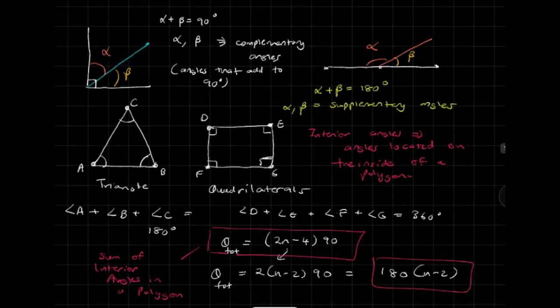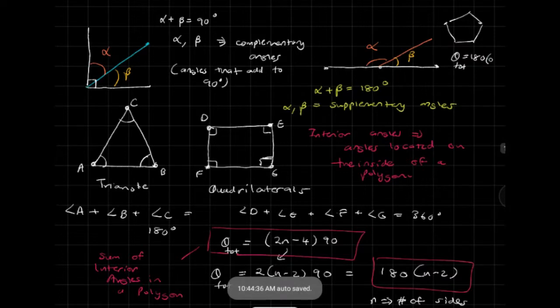So if we use this formula and say we had a pentagon that looks like that, it has 5 sides. If we wanted to use this formula to calculate the sum of those angles, all we have to do is, n is basically the number of sides in the polygon. So we plug this in. I'm just going to use the 180 times (n minus 2) equation. So you get 5 minus 2.